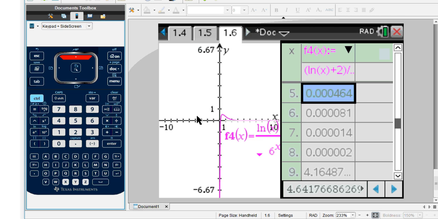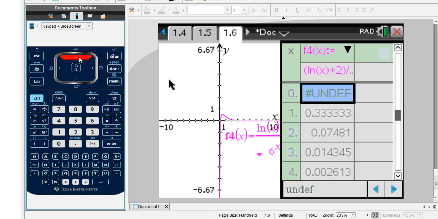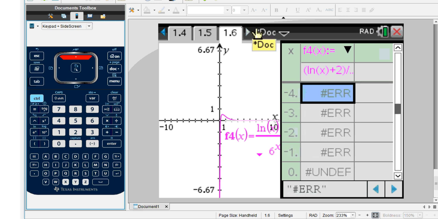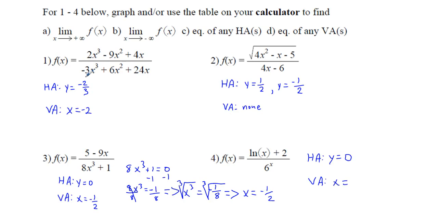There's no left side limit, just a right side limit here, because we don't have a number less than, in fact, 0 itself, I believe, is undefined, or anything less than 0. So what we have here as a vertical asymptote is x equals 0. So horizontal asymptote, y equals 0, vertical asymptote, x equals 0.